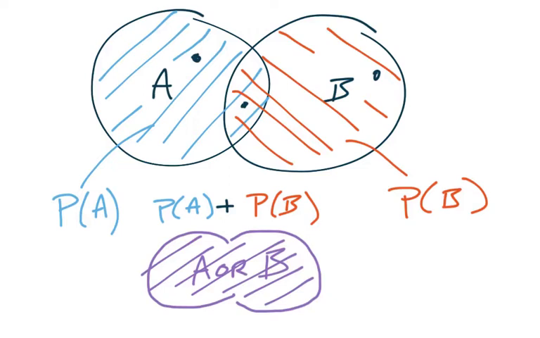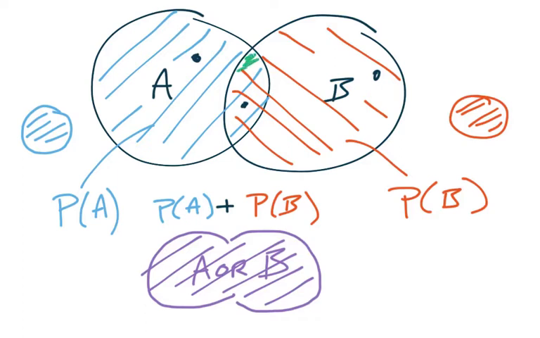However, this is not exactly true. If you look here, the blue area, if I draw it totally separately here, is this. The red area is also a full circle. And there's an amount here in the middle that, if we simply added them together, would be double counted. That area in the middle would be double counted in this addition right here.